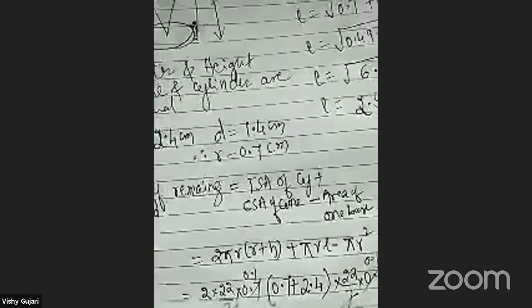Okay, take this part. Area of remaining solid. First you complete: area of remaining solid is equal to TSA of cylinder plus TSA of cone minus area of base.